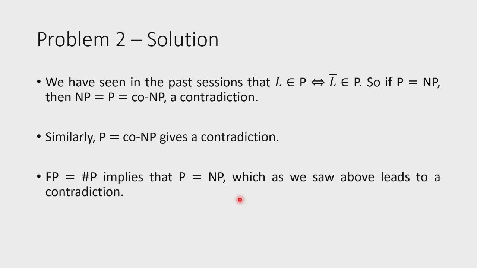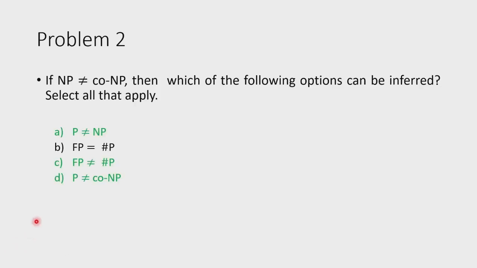If the number of accepting paths is less than 1, that is, it's 0, then you know that the string is not in the language. So this gives you a polynomial time algorithm to decide any language in NP. So FP equals sharp P implies that P equals NP. And as we saw above, P equals NP leads to a contradiction. Therefore, FP equals sharp P leads to a contradiction. So FP equals sharp P has to be false, but its negation, FP not equals sharp P, has to be true. So the answers are P not equals NP, FP not equals sharp P, and P not equals co-NP.